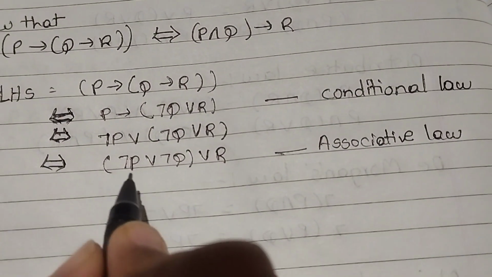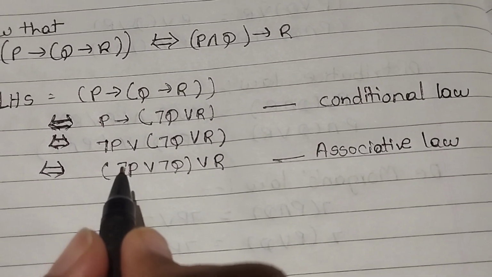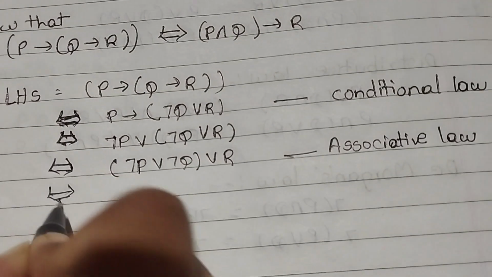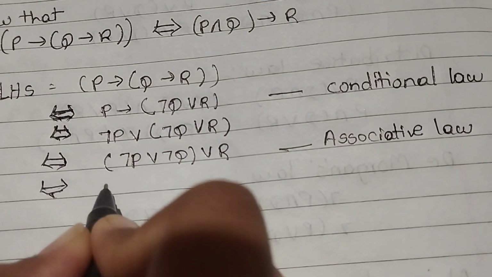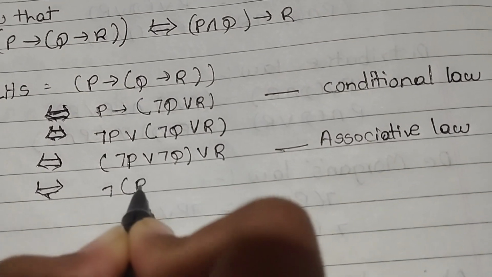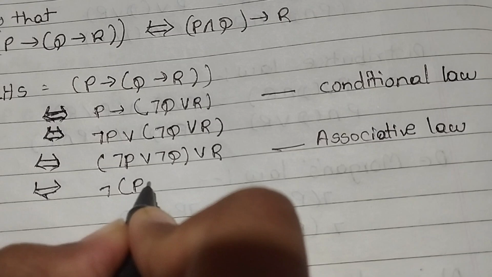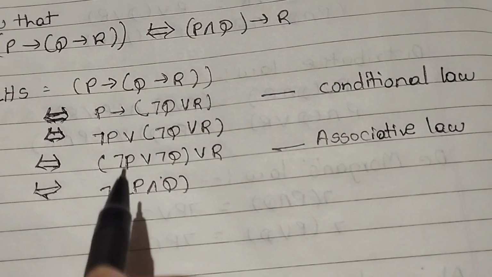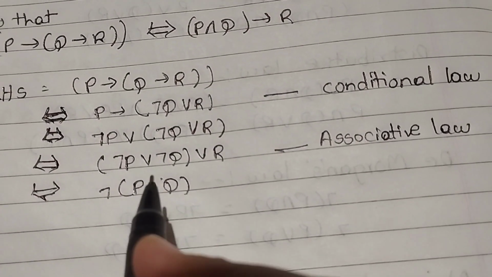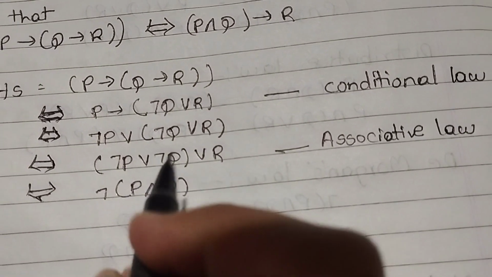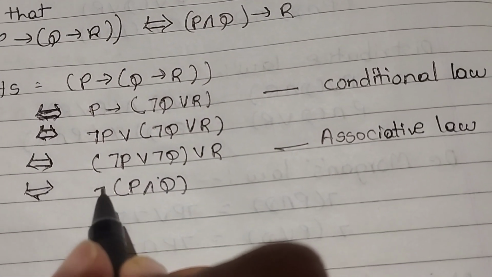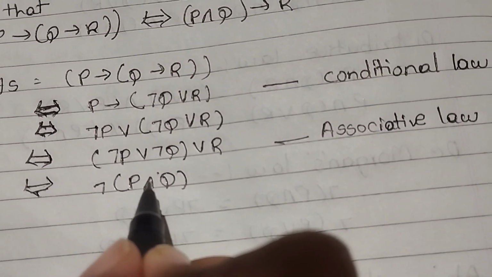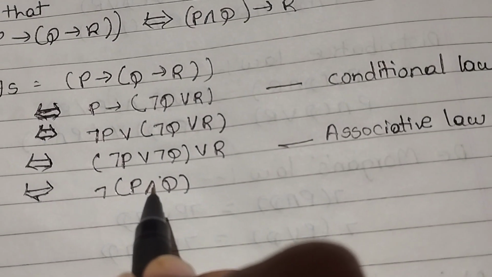Now we take negation common from the given bracket. So we now use De Morgan's law. Negation P, and we change the connective. If OR is present, then write AND Q. So let's check the given equation. If we solve this equation, negation P, change the connective, and OR is replaced with AND.